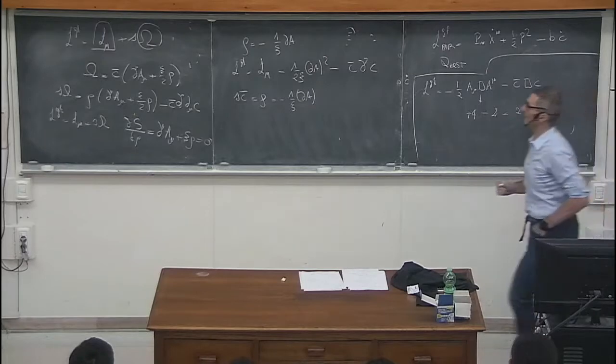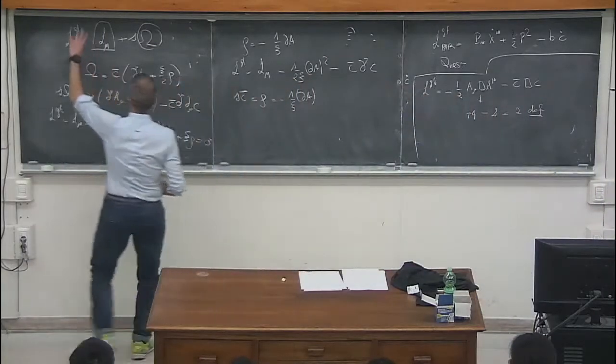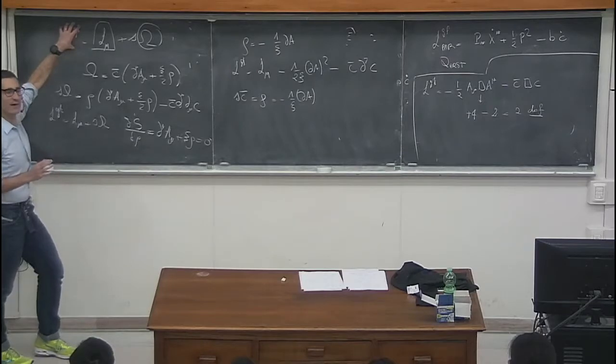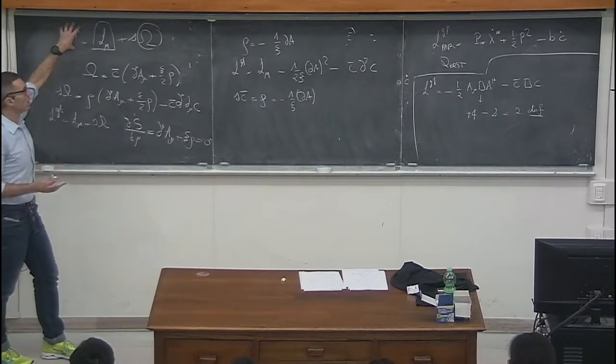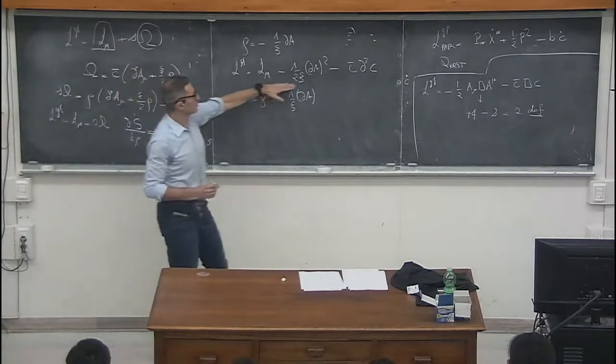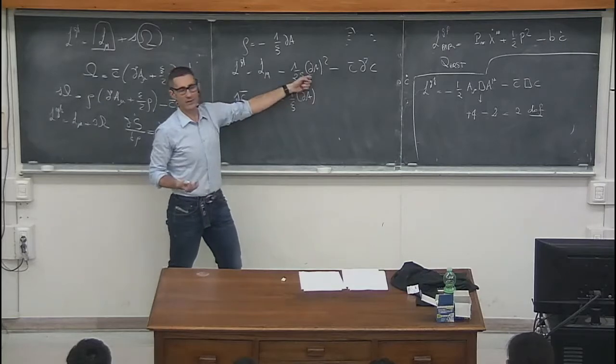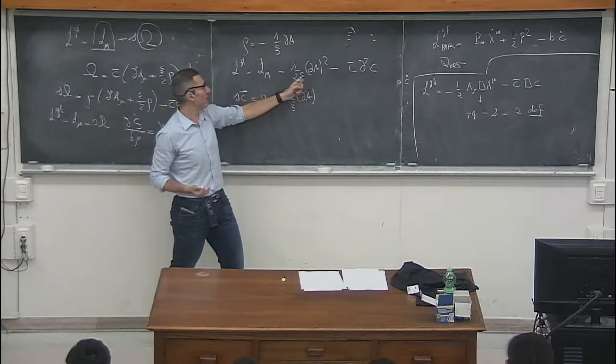No. But at the end of the day, this action is no longer invariant under the gauge symmetry. It is invariant under the BRST symmetry, but not under the gauge symmetry. In fact, this part is still gauge invariant, but this object is no longer gauge invariant. So this breaks the gauge invariance, independent of the parameter.